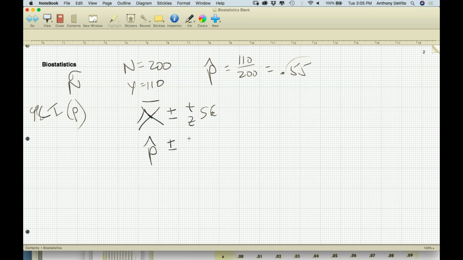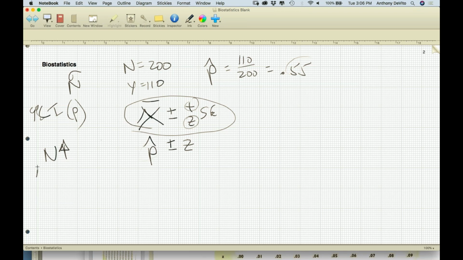As I mentioned before, when you do proportions, you're generally dealing with large sample sizes, so we don't bother with the t-value there. We only use z. We make believe we know what the standard deviation is. If we're numerical, we have to decide whether to use t or z based on the sample size. With proportions, we don't worry about that.